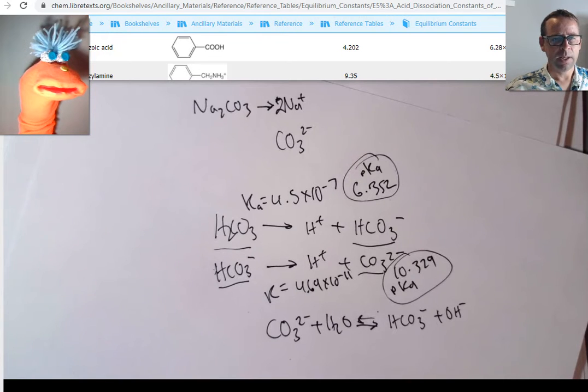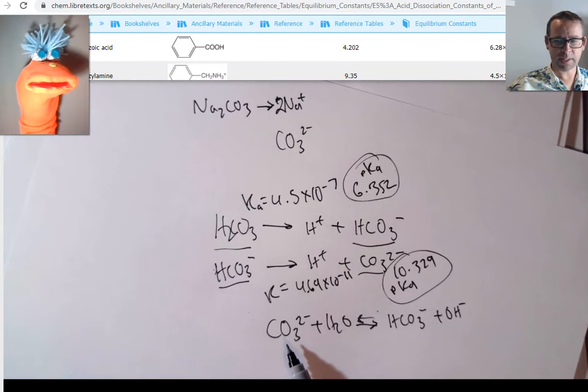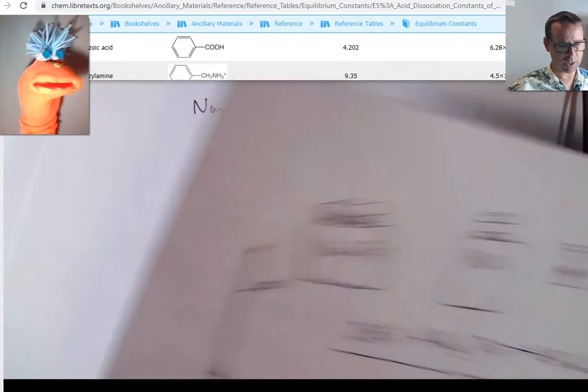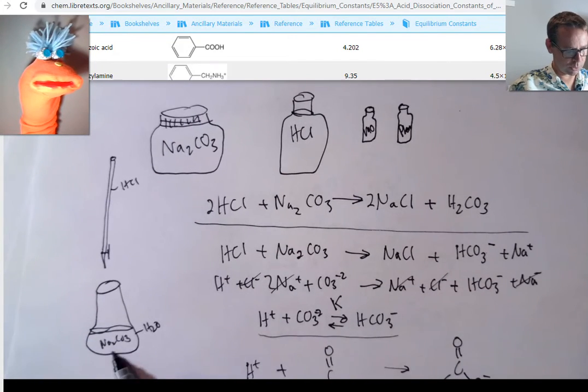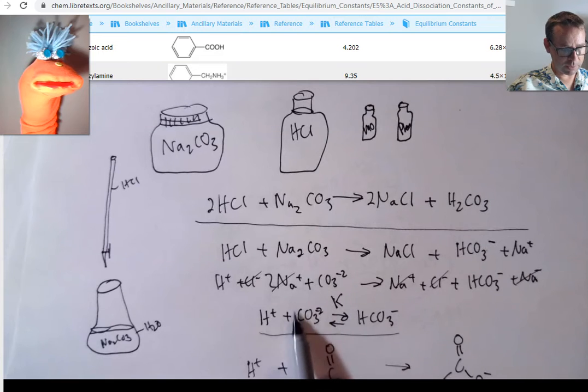Okay? And now, when you begin to add hydrogen ions to this CO3 2 minus, that's what our titration is, right? We have a solution of sodium carbonate. The sodium is a spectator ion, and so essentially we have the carbonate ion, and we're adding protons.